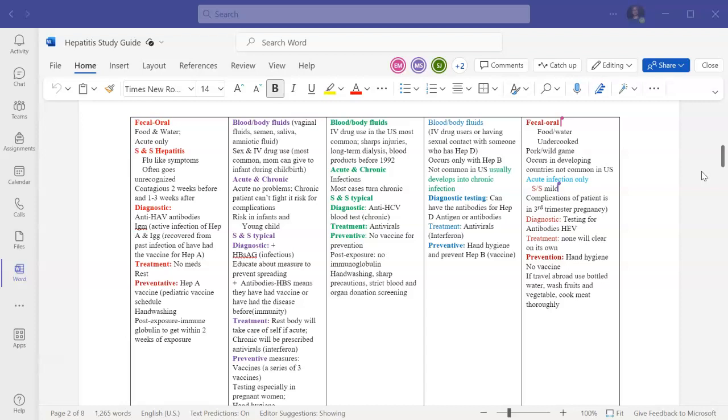Is it common in the United States? Okay. Not common. What do you have to have in order to get hepatitis D? Hep B, exactly. And how can you be tested for it?